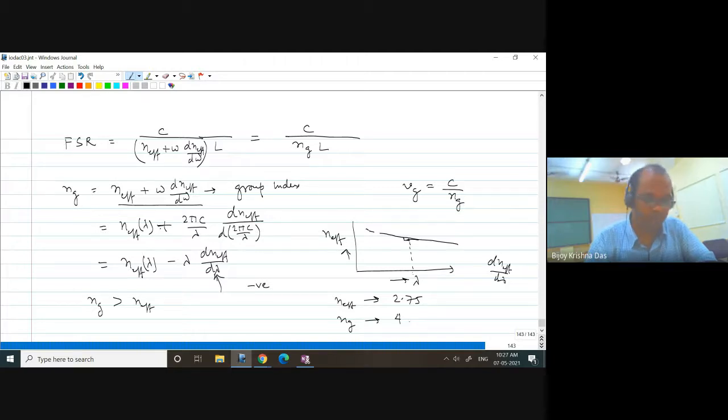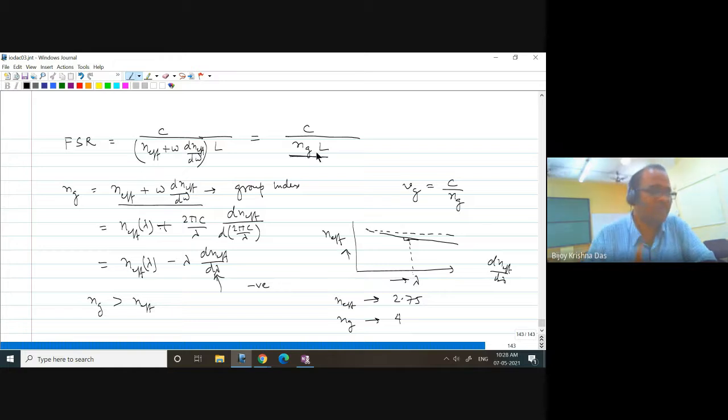That means as a group it travels slower, whereas the phase velocity is faster. However, if you can design a waveguide with flat effective index, as we discussed earlier, then this part will be 0, meaning simply the n effective we used earlier.